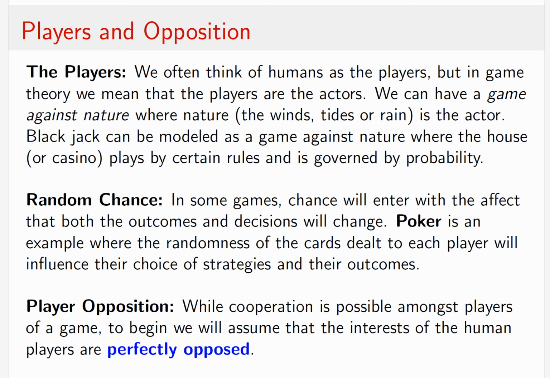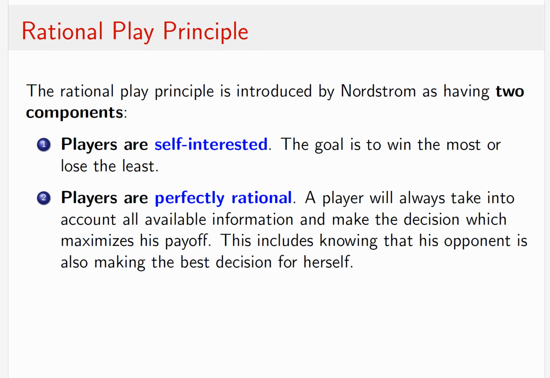Like poker, if I win $1, somebody at the table has lost $1. If I lose $2, somebody at the table has won $2. We're opposed in our goals, perfectly opposed in our goals. Okay? And the rational play principle, now your book doesn't exactly call it this, but our author, Dr. Jennifer Nordstrom, is very clear that there are two principles, and she's describing the rational play principle. The players are self-interested.